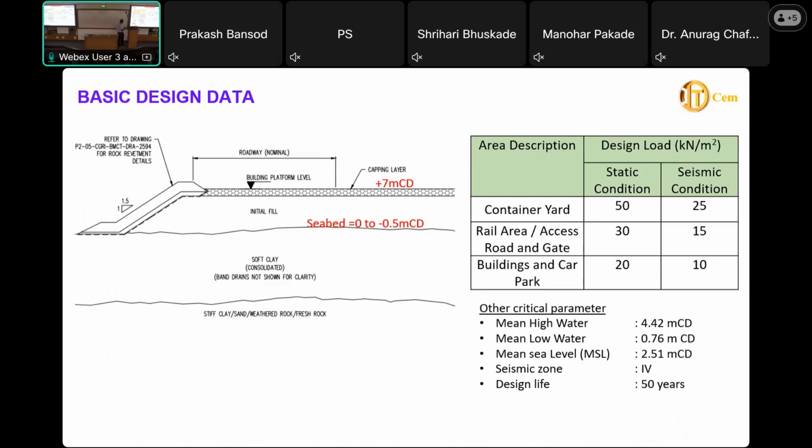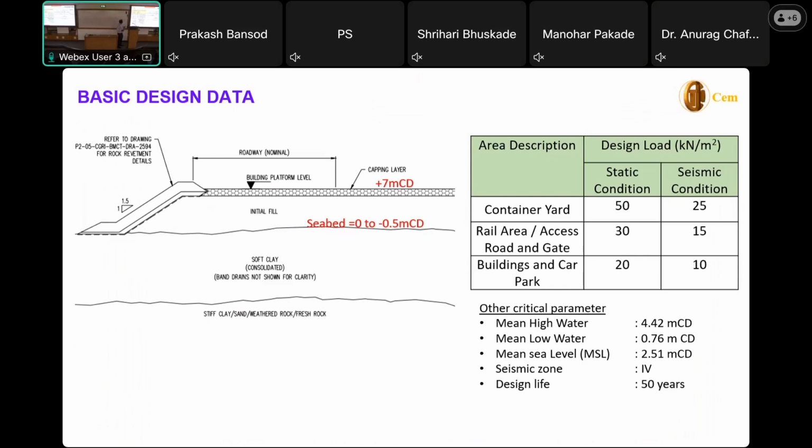The water variation was almost 4 meters. The low tide water will be like this, and the high tide water will be almost close to this line, which is around 5. Whenever we do the reclamation, we'll later see the challenges of the reclamation methodology, as this creates another problem.